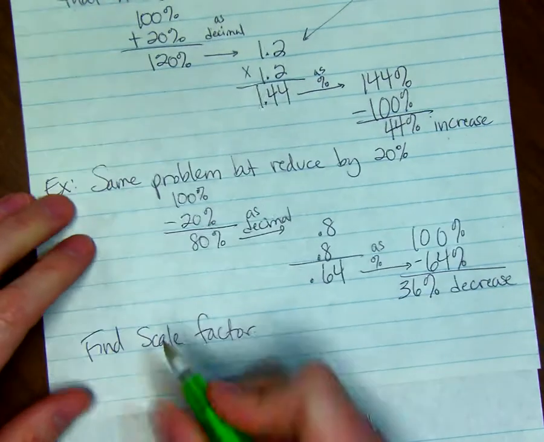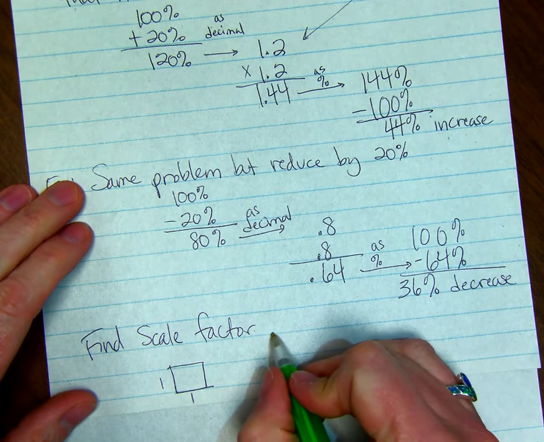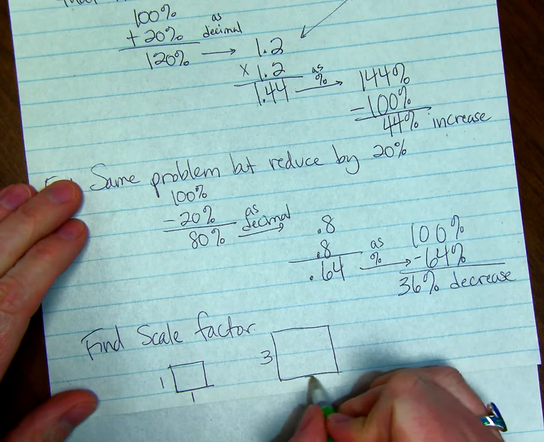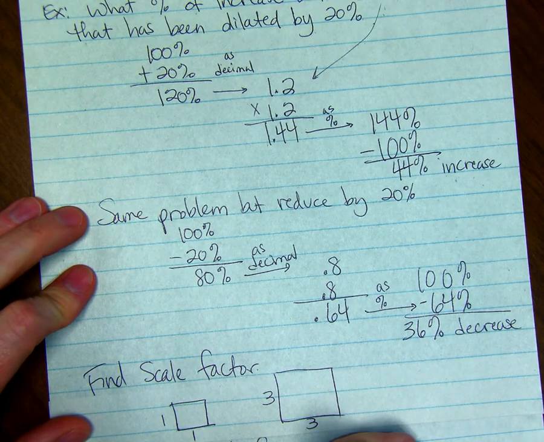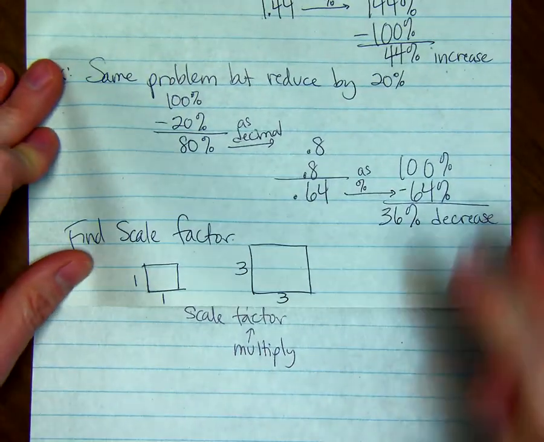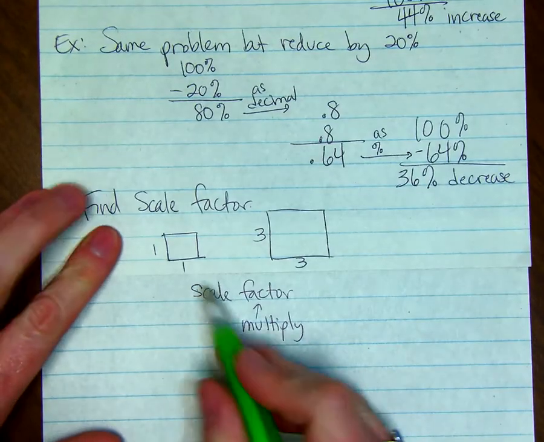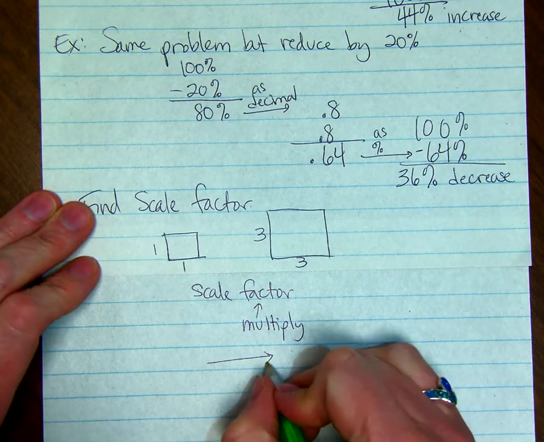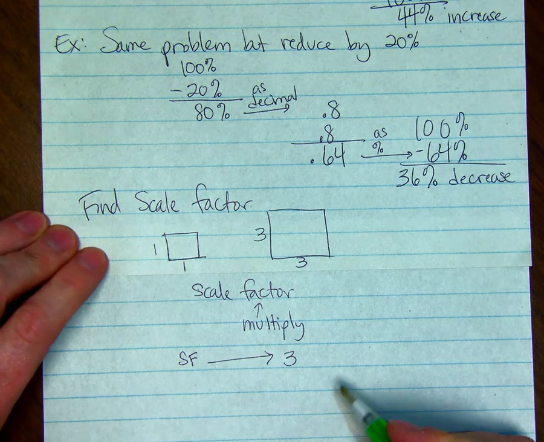So if we have a box that's 1 by 1 square and we increase it to 3 by 3, the scale factor, you guys have to know that factor means multiply. What are we multiplying by to go from 1 to 3? So if we're going from 1 to 3, the scale factor is 3. 1 times 3 is 3.